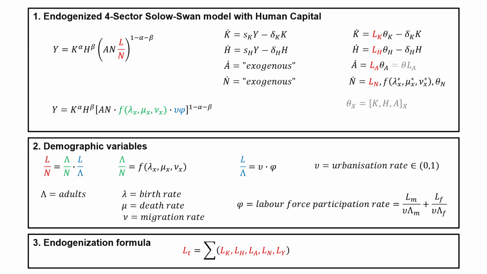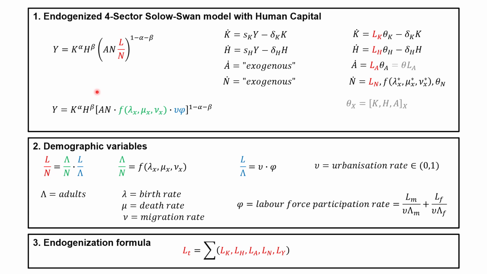Hence, we get this endogenization formula here, that the total stock of labor at time t equals the stock of labor allocated to physical capital production, and the labor allocated to human capital, labor allocated to technology, labor allocated to population, and labor allocated to producing the final product.